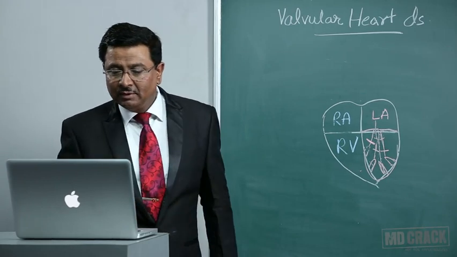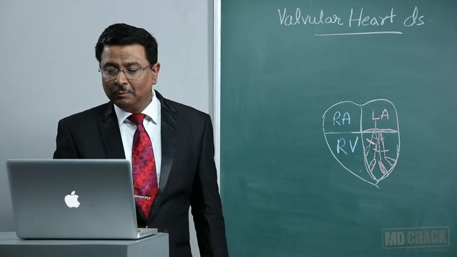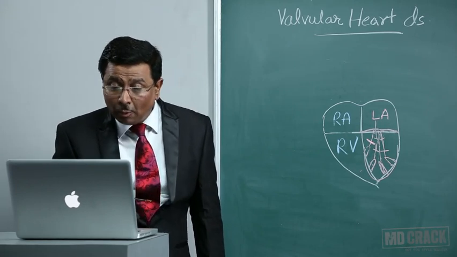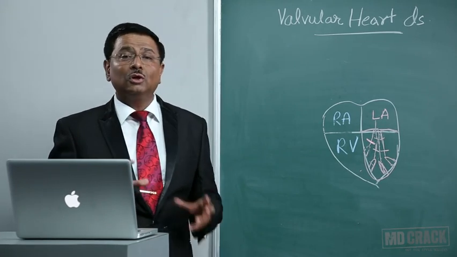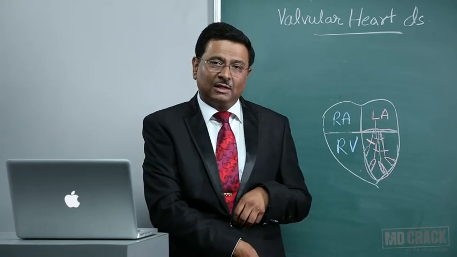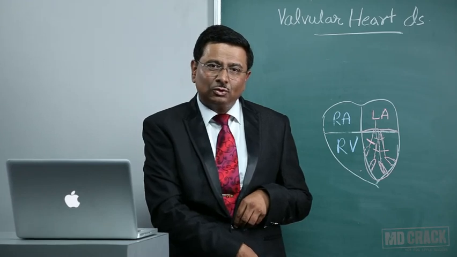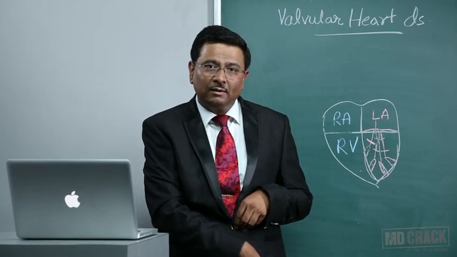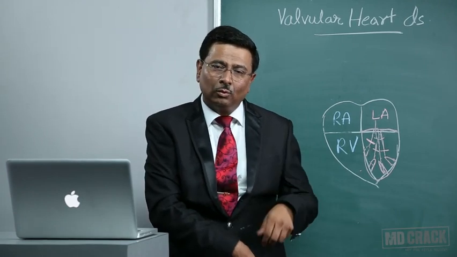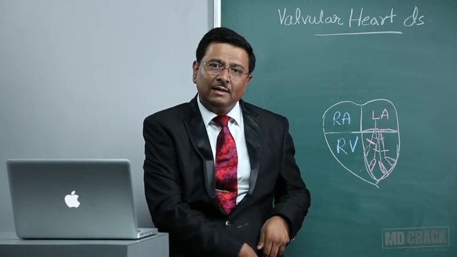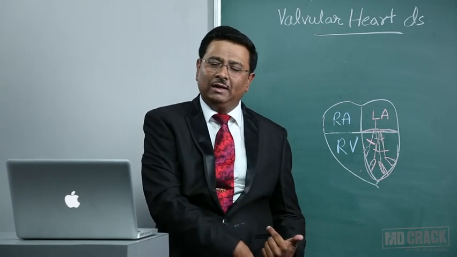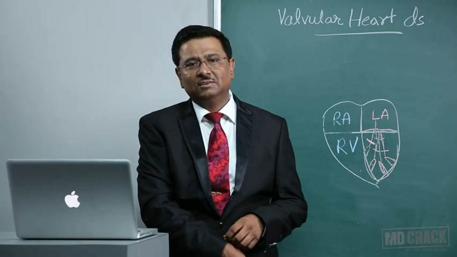Duroziez's sign: the stethoscope is placed over the femoral artery with enough pressure to produce a systolic bruit. Concomitant occurrence of a diastolic bruit constitutes this sign. So if you are auscultating the femoral artery, you put the stethoscope with just enough pressure to get a systolic bruit. Bruit means an abnormal sound produced because of turbulence in the blood flow. At that time, if you also get a diastolic bruit, this constitutes Duroziez's sign.